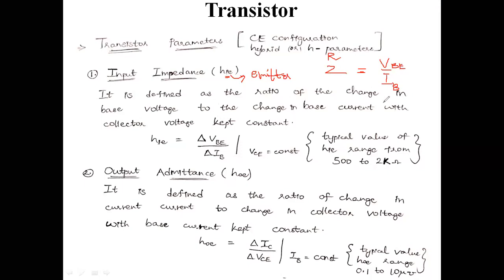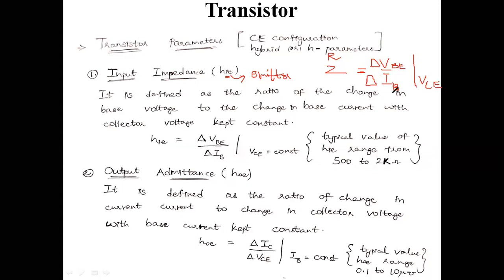It is the ratio of change in VBE to the change in base current, IB, by making the parameter VCE constant, by keeping the collector voltage constant.